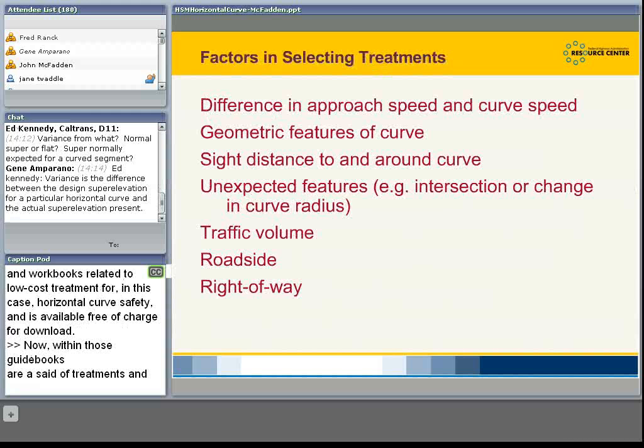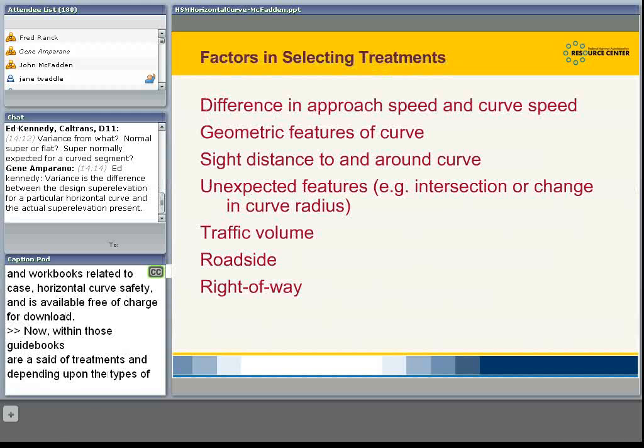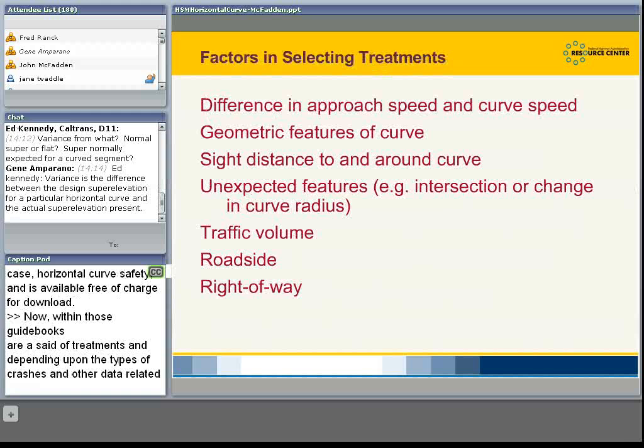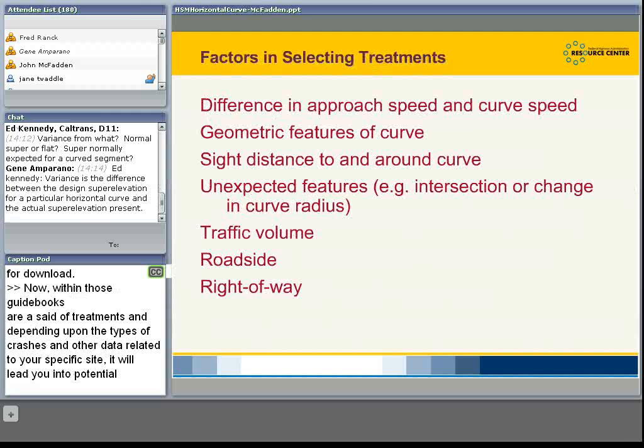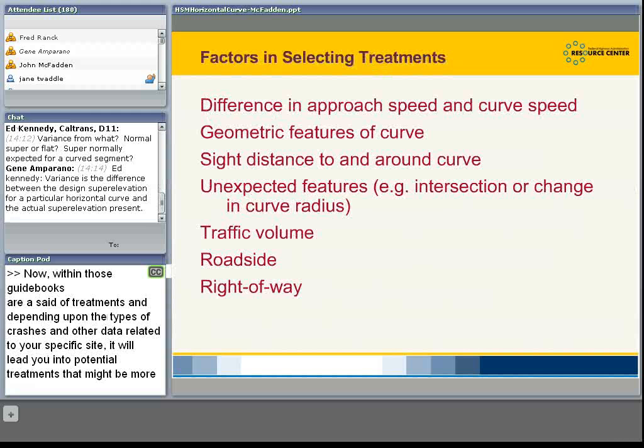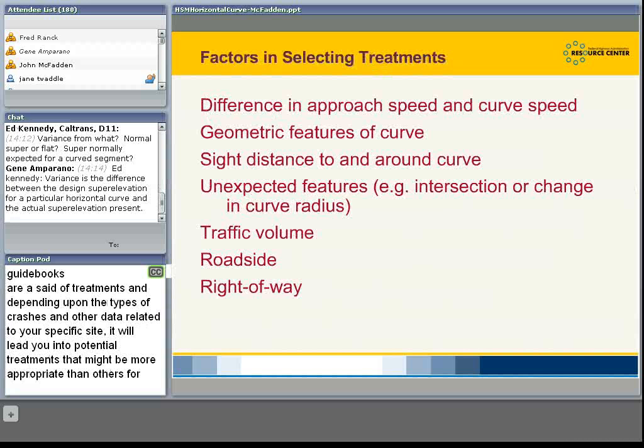The Federal Highway Administration has also published a series of reports and workbooks related to low-cost treatments for, in this case, horizontal curve safety. And this is also available free of charge for download.